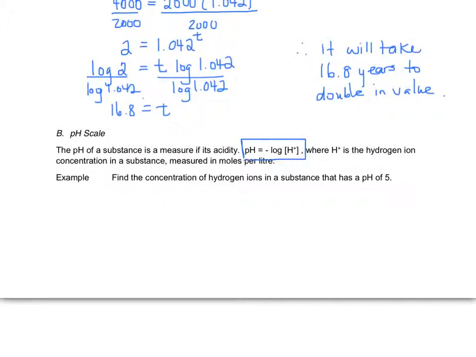So pH is equal to negative log H+, where H+ is the hydrogen ion concentration in a substance measured in moles per liter. So it says find the concentration of hydrogen ions in a substance that has a pH of 5. So if the pH is 5, we'll put that into the equation.